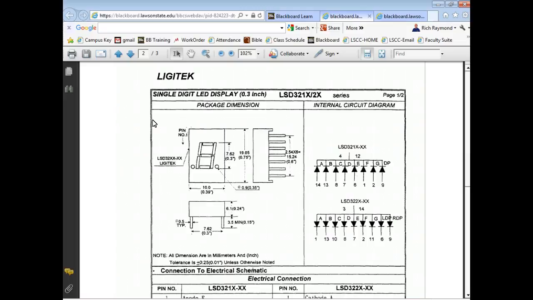What we would see is the spacing and everything's exactly the same as a 14-pin DIP, as far as the spacing between the pins and then the length between the pins.